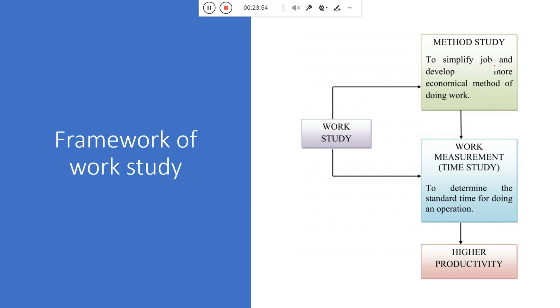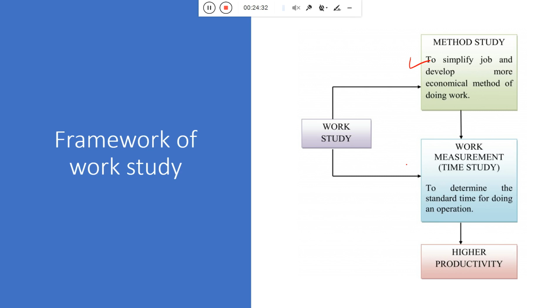To simplify the job and develop a more economical method of doing the work. So what is the purpose of method study? First it will provide you many alternatives, then you choose the alternative which is economical for doing that particular work without compromising the quality. So here you are able to identify the best method, which is the economical one.